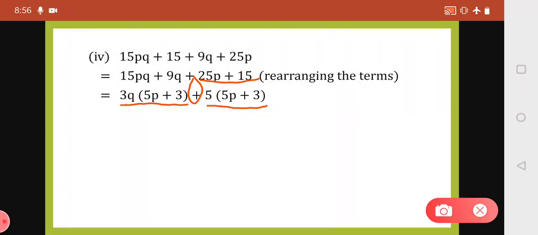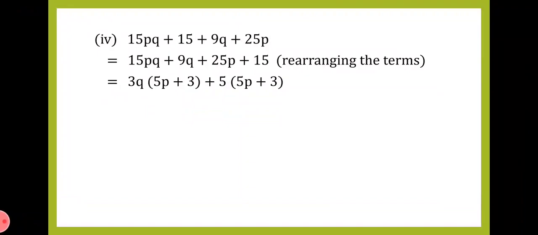Again we can see that the 5p plus 3 bracket is the same in both the terms, so we will take out 5p plus 3 and remaining we will write in another bracket, that is 3q plus 5. So factorization of the given expression is 5p plus 3 into 3q plus 5.